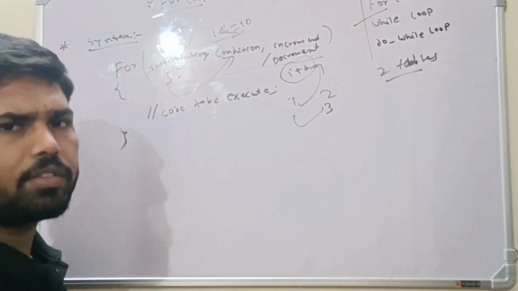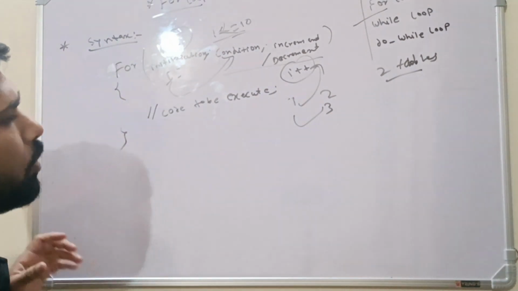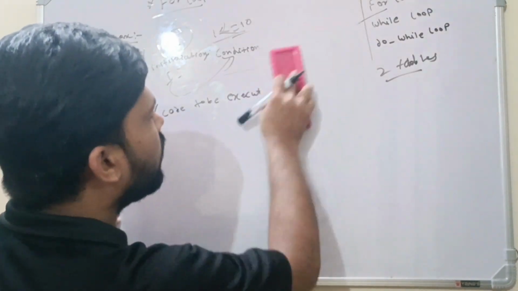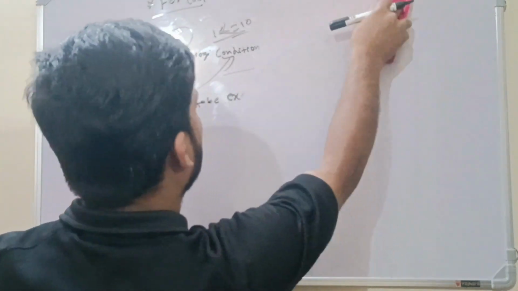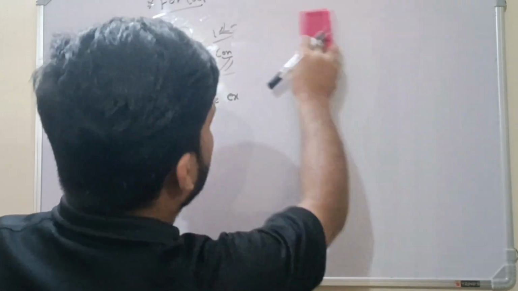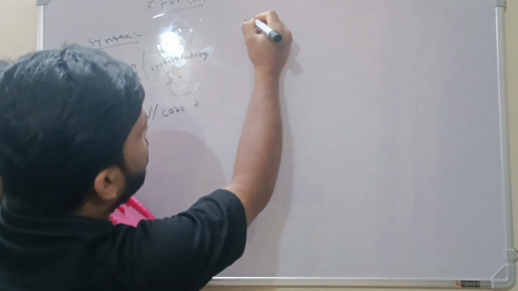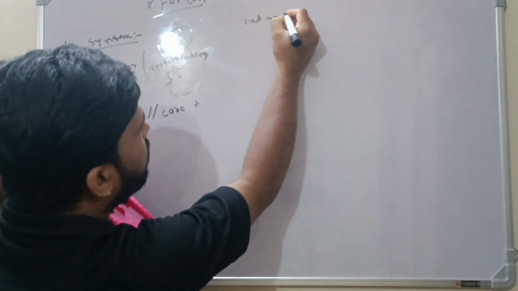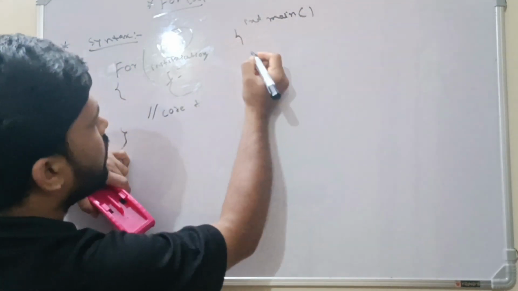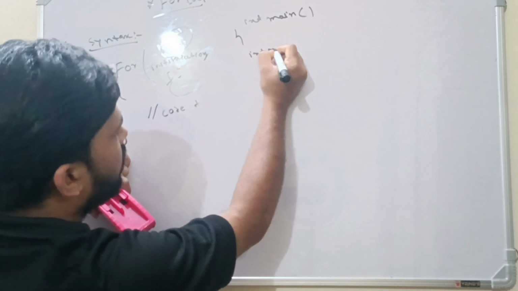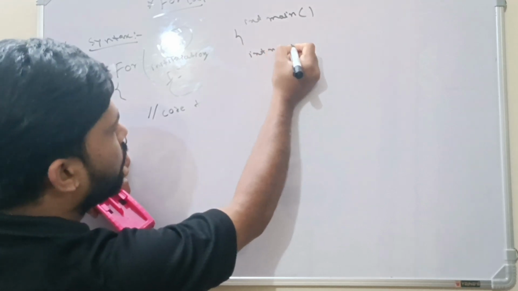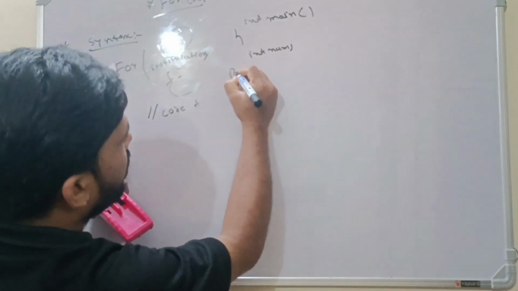So we will understand with the help of an example. I will take one example and explain how it works. I'm writing main once again. I'm taking input from the user, declaring one variable num.